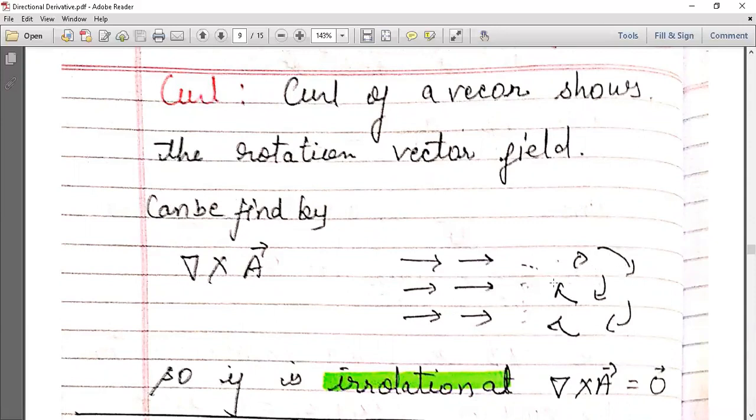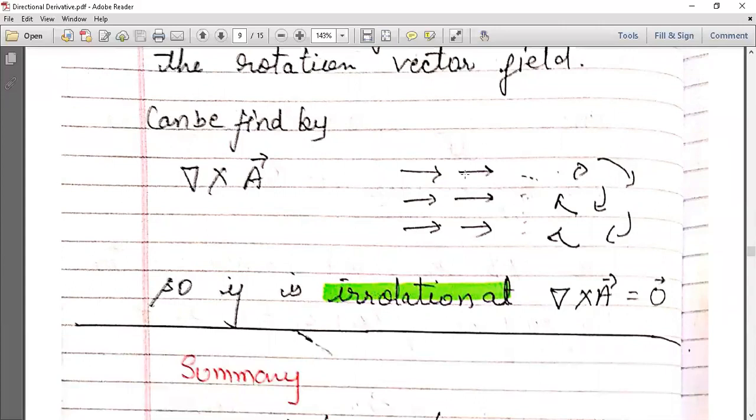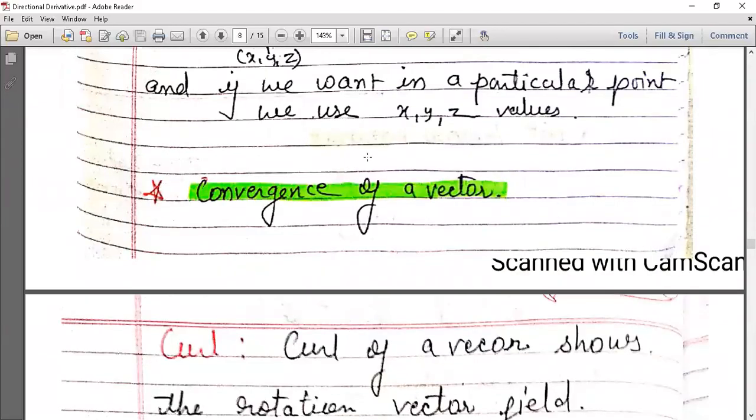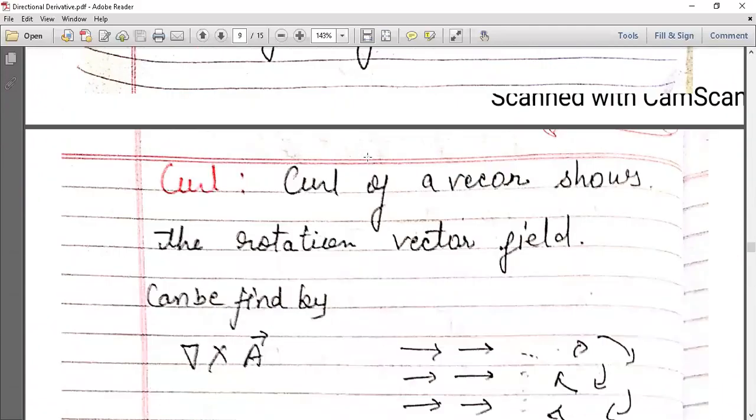So we say we get a curl here. Because of that curl, we take del cross product with this vector. If it is not rotating, it is irrotational. In that case, the curl of A will become 0. In the same way, if there is no divergence, the divergence of A will become 0.